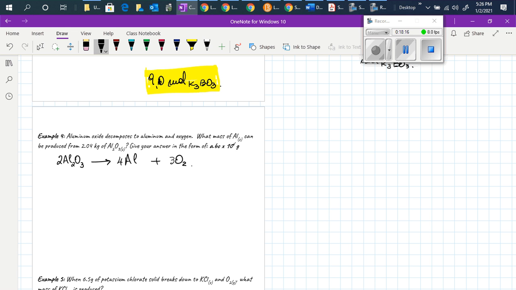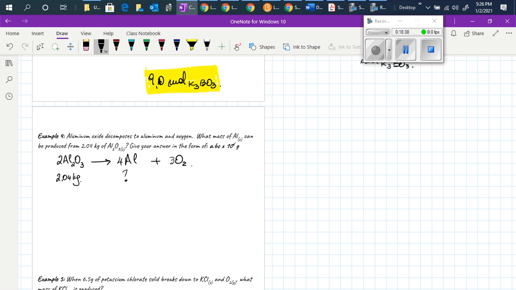Okay, what is given here is 2.04 kilograms of aluminum oxide, and we are looking for the mass of aluminum that is produced.